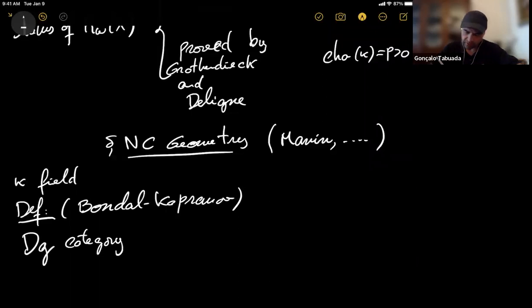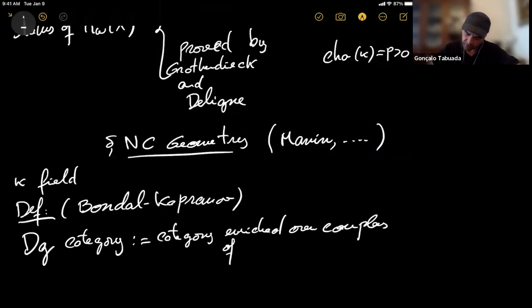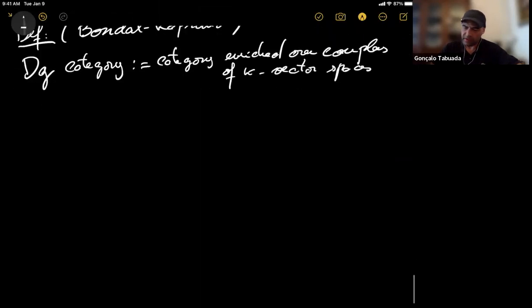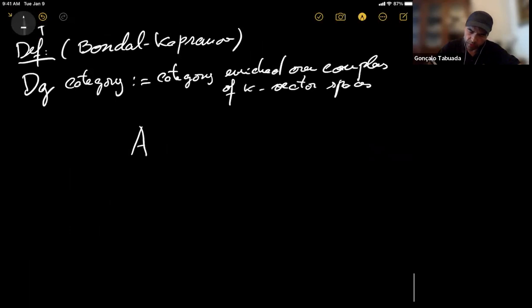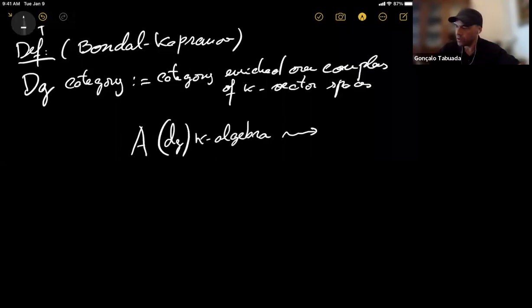This is nothing but a category which is enriched over complexes of k-vector spaces. Example: whenever you have a k-algebra, or more generally a differential graded k-algebra, that's naturally a DG category, if you want, with a single object.